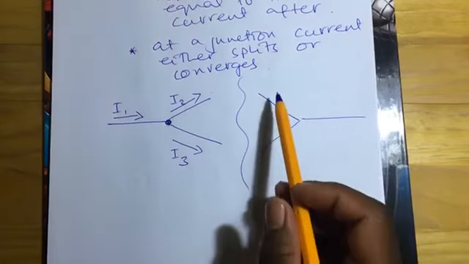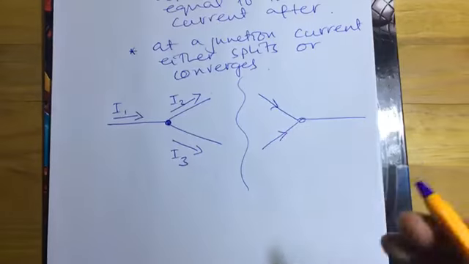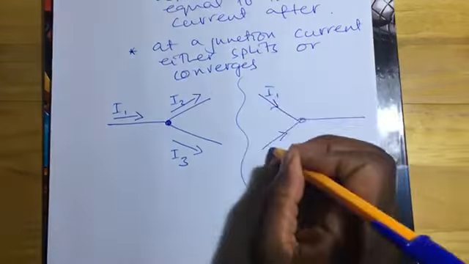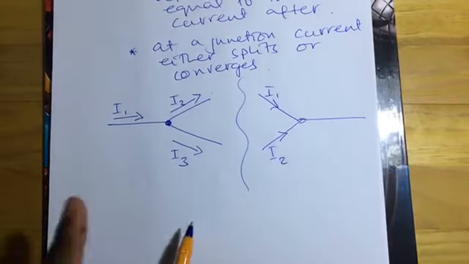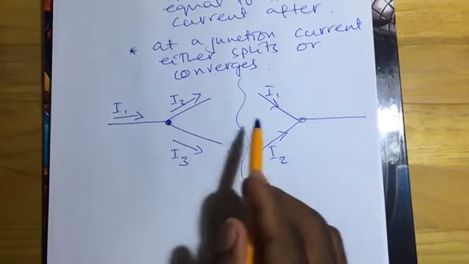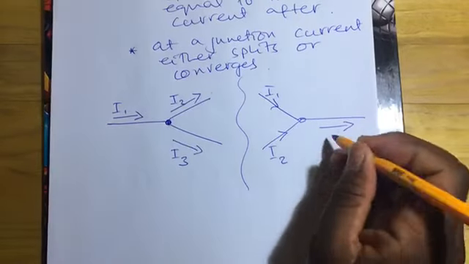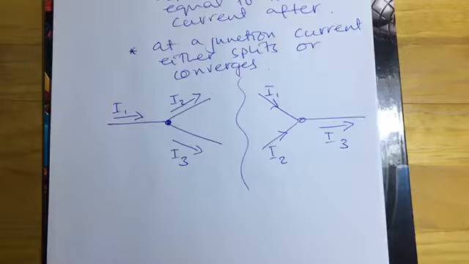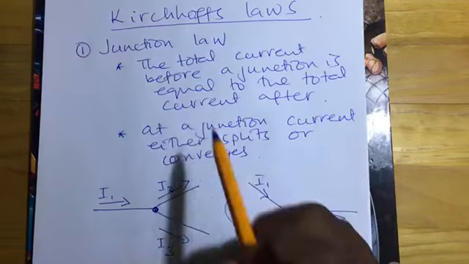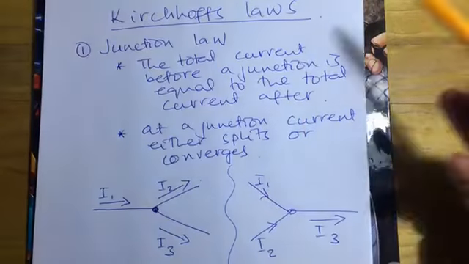The same would happen at this junction. We could have two currents approaching a junction, maybe I1 and I2. This is converging of current, which gives us one current that we label as I3. So the rule is the total current before a junction is equal to the total current after.